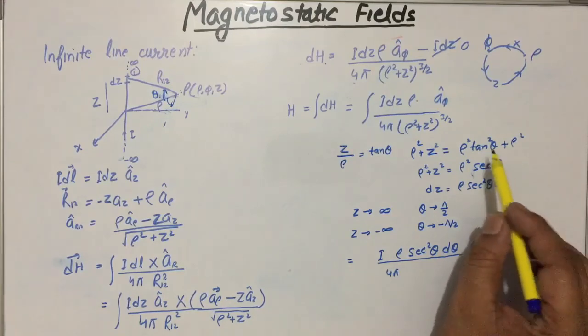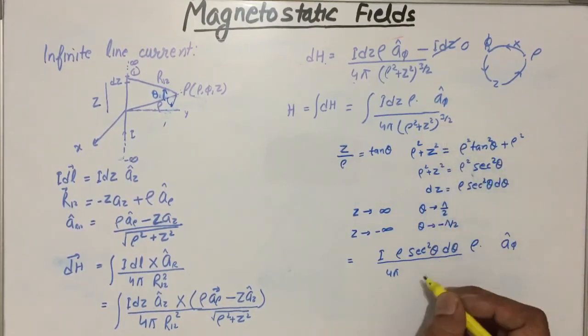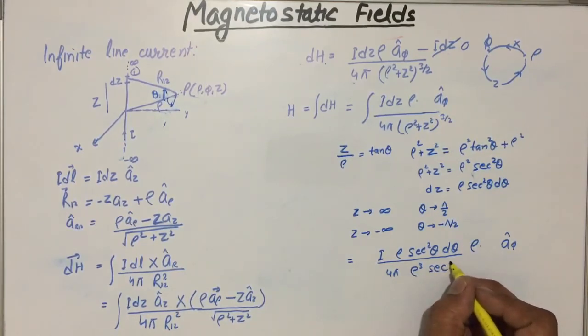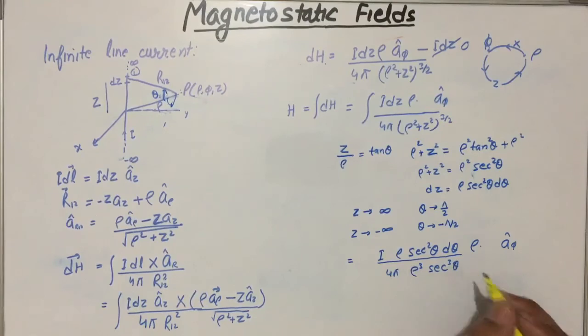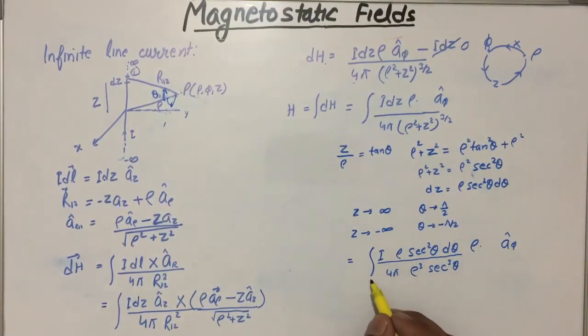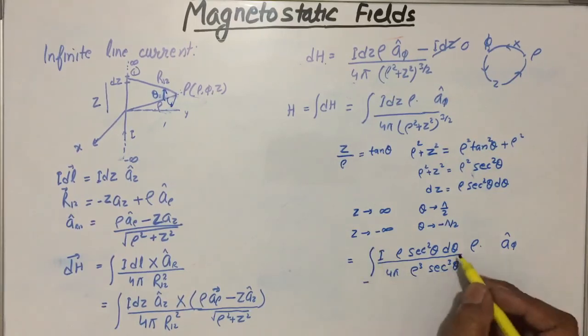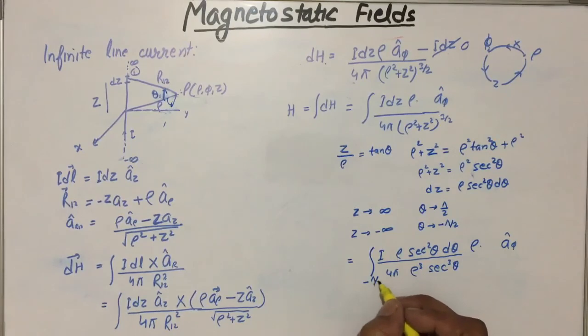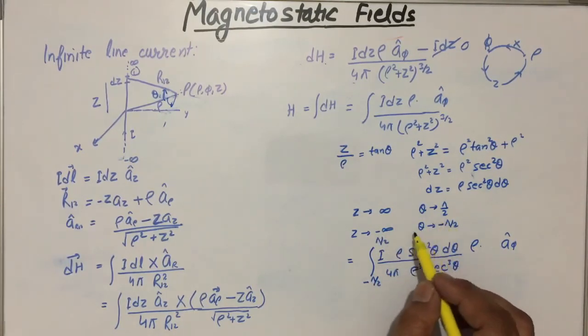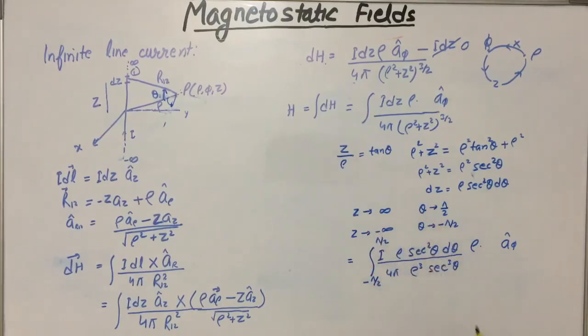As it is power 3 by 2, it will give you rho to the power 3 sec to the power 3 theta. The limit, when there was dz, was from minus infinity to infinity, and now with respect to theta it will be from minus pi by 2 to pi by 2, as we have transformed the limit from z to theta.